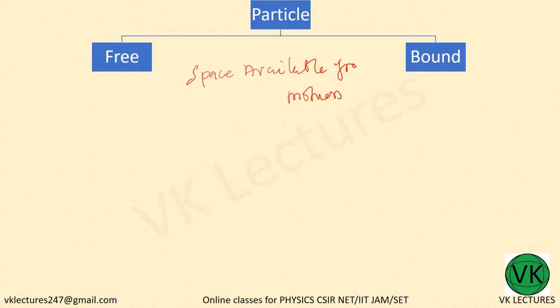To make this clear, I will give you an example. Assume that there is a room. The room dimension may be 3 meter by 4 meter, and you are placing an electron in the room. The radius of this electron is around 10 to the power minus 18 meter.